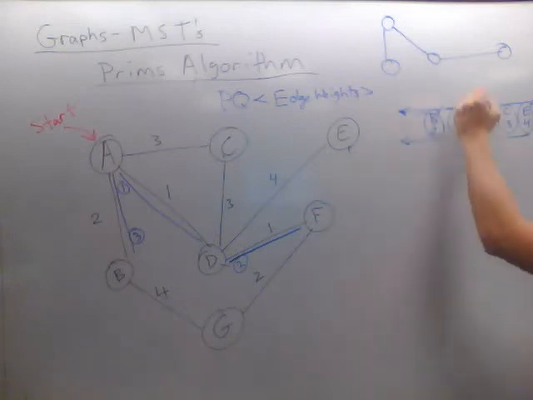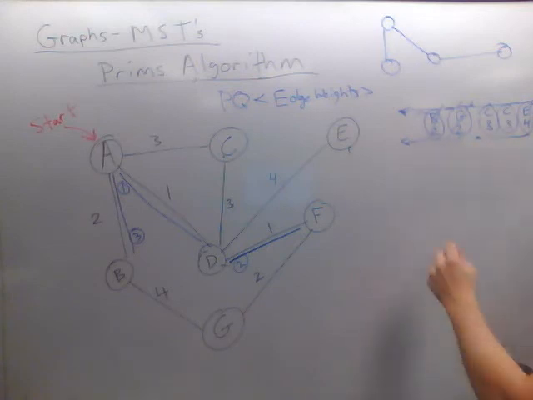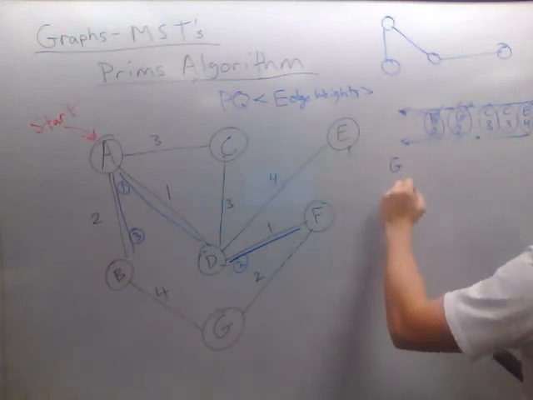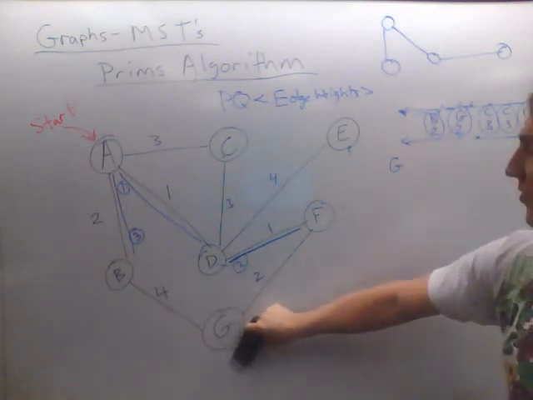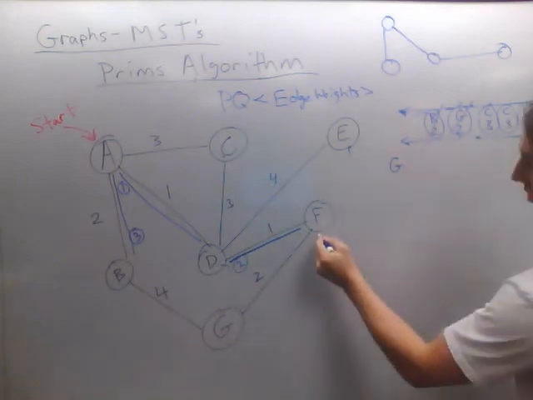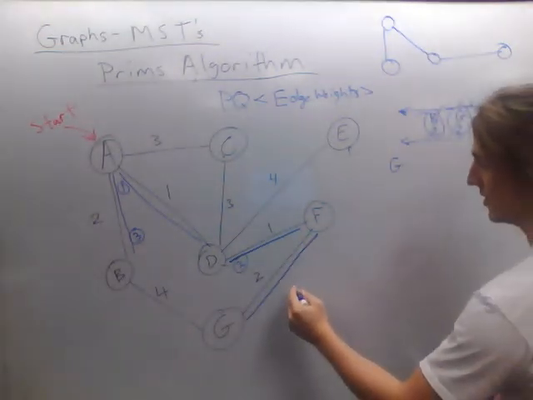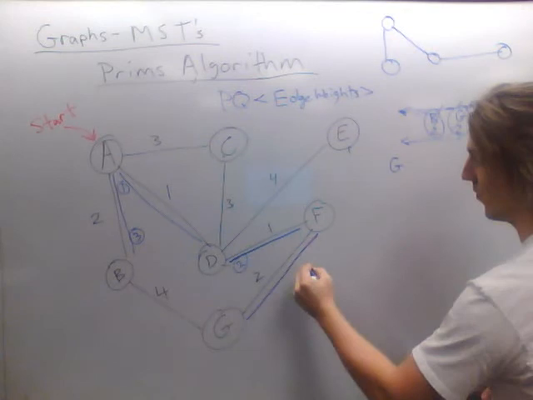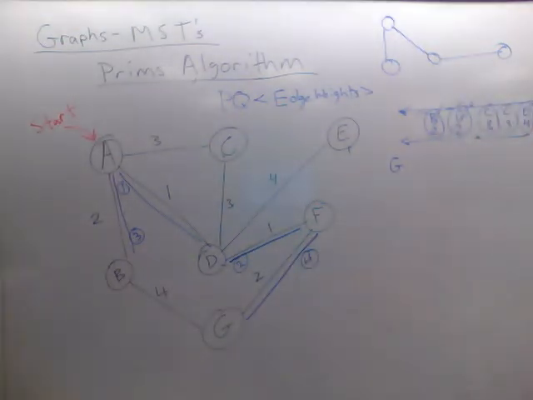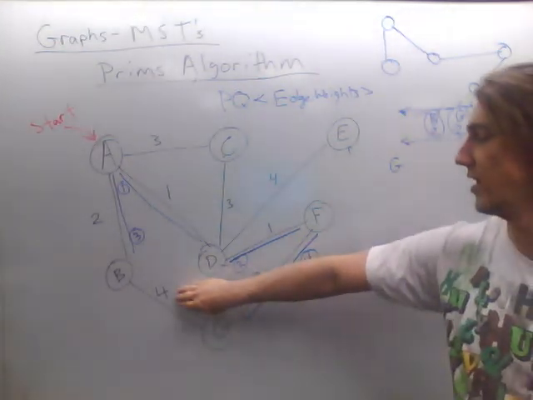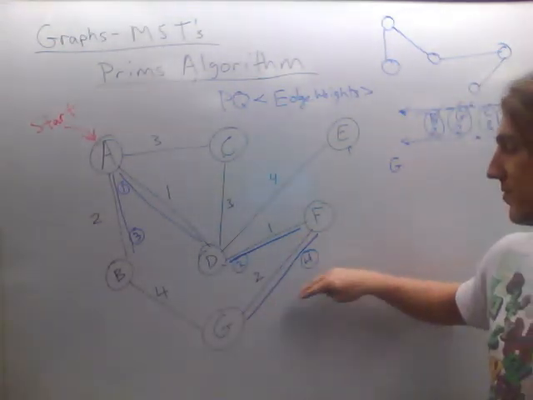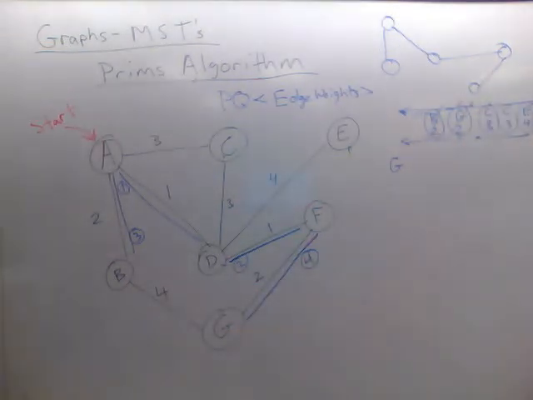Now I can pop out the next element, G2. So that was the edge coming from F. So I can select this edge, and this is the fourth edge that I've selected. So I can add this to the graph, and that goes to G. And now I have to add all the neighbors of G. This edge has already been visited, but this edge is not, so we put in B4.